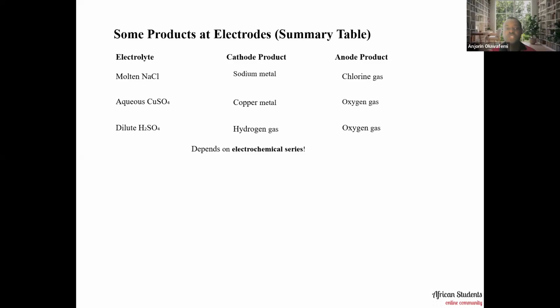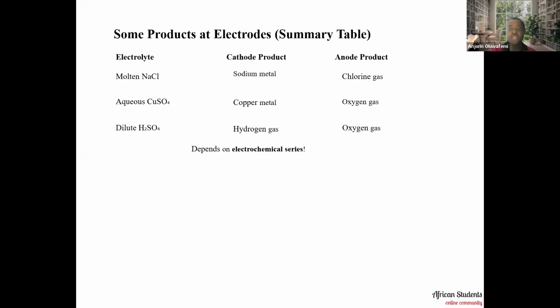When you do electrolysis and the electrolyte is copper sulfate, what you have deposited at the cathode is copper metal, and then oxygen is given off at the anode. Then when you have dilute H2SO4, what you have at the cathode is hydrogen gas, and at the anode oxygen gas. So all this, I must say, depends on the electrochemical series.